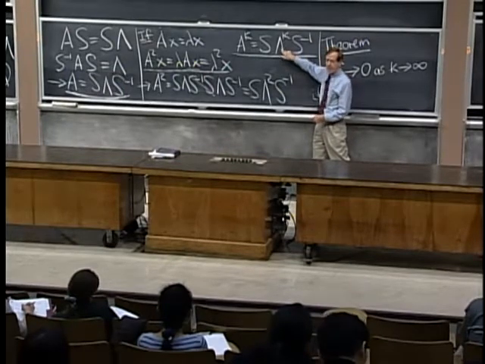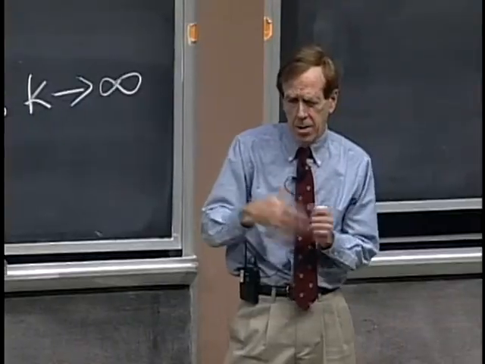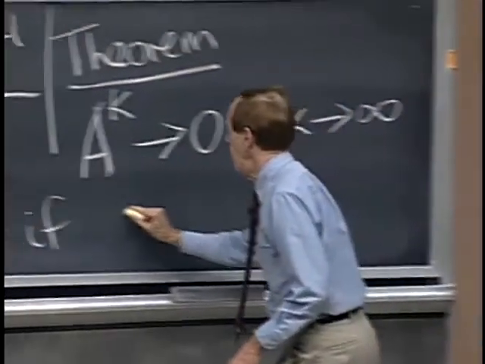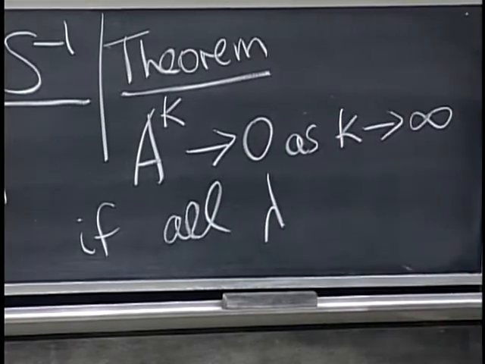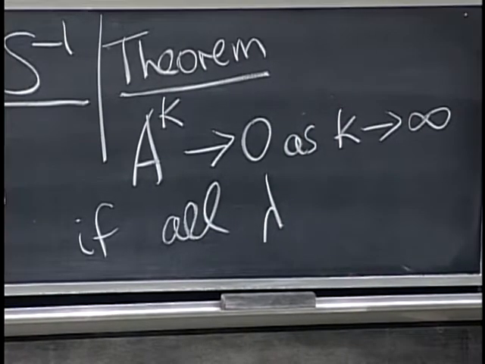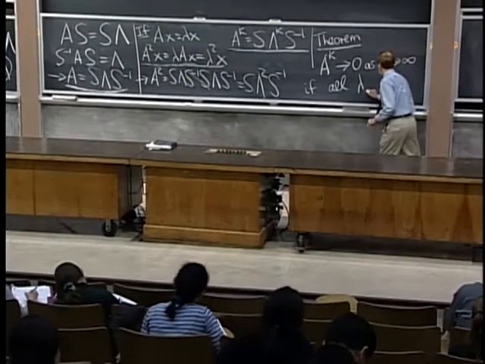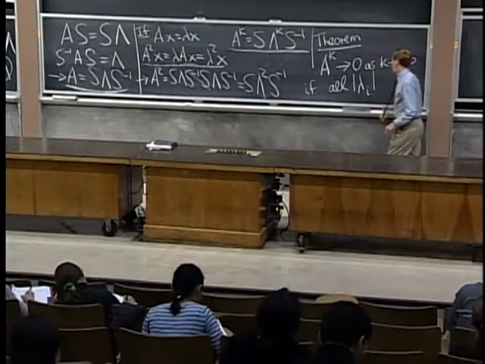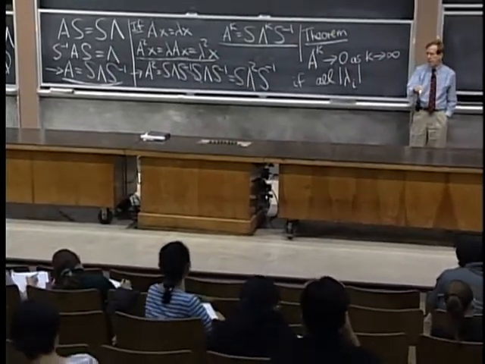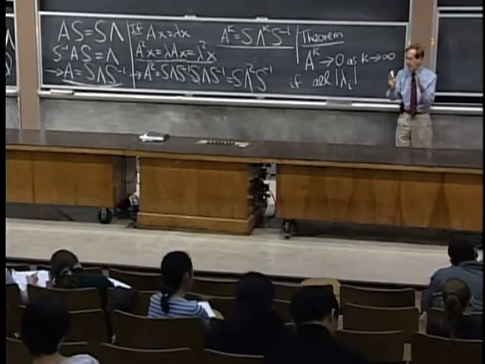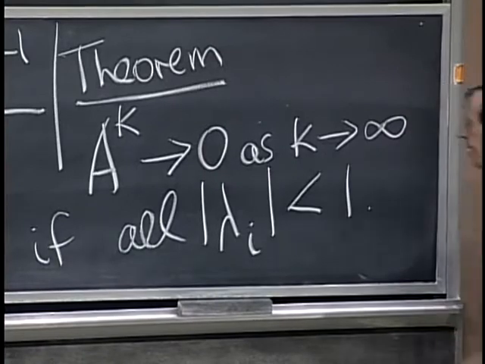So it's this guy that has to get small, and that's easy to understand. The requirement is all eigenvalues, the absolute values, have to be less than 1. I have to write the absolute value, because those eigenvalues could be negative, they could be complex numbers, so I'm taking the absolute value. If all of those are below 1.